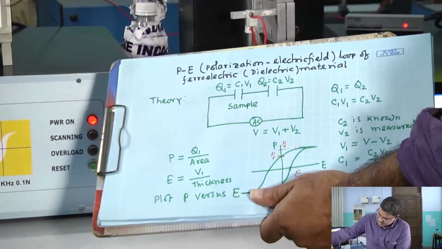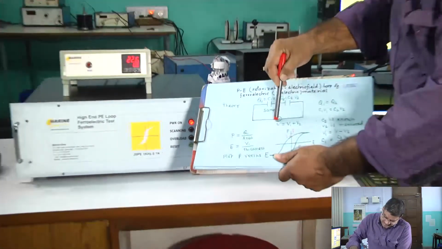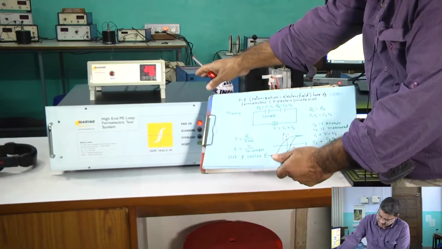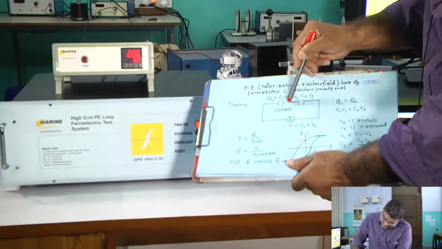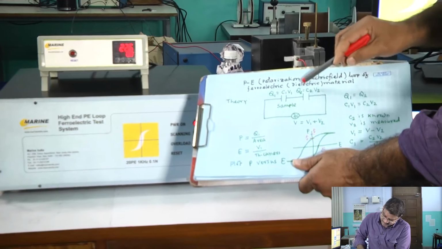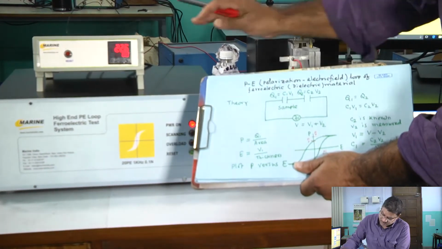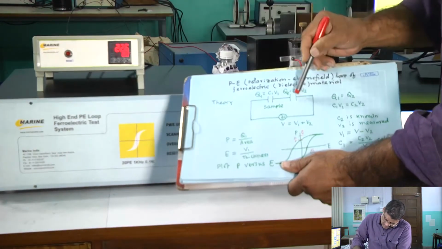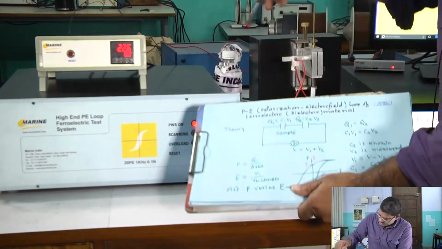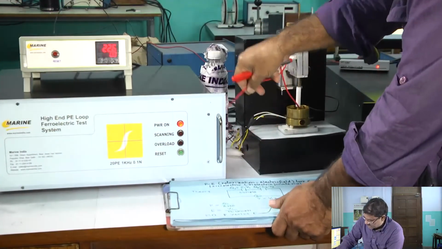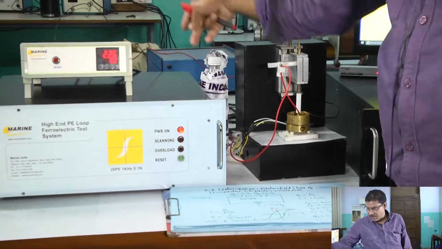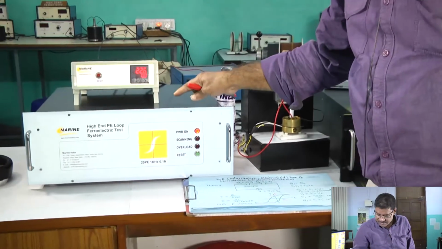One has gone to the AC power supply, which is inside, and the other has gone to the capacitor C2. This is inside the box, so this circuit is completed. It is all in this box.